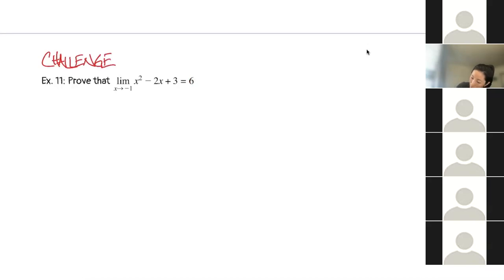It's a little bit different flavor than the other ones. You'll notice it is a quadratic, and that makes our lives a little bit more complicated. But if you do work that one out and you'd like me to take a look at your work, I'm happy to do so. But it is 100% a challenge. It will not be on the exam. It's more just a place to stretch your brain if you have room and time to stretch your brain.